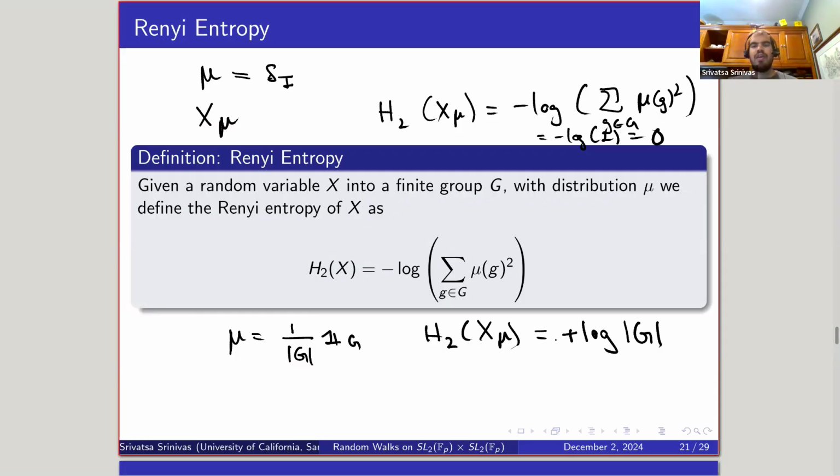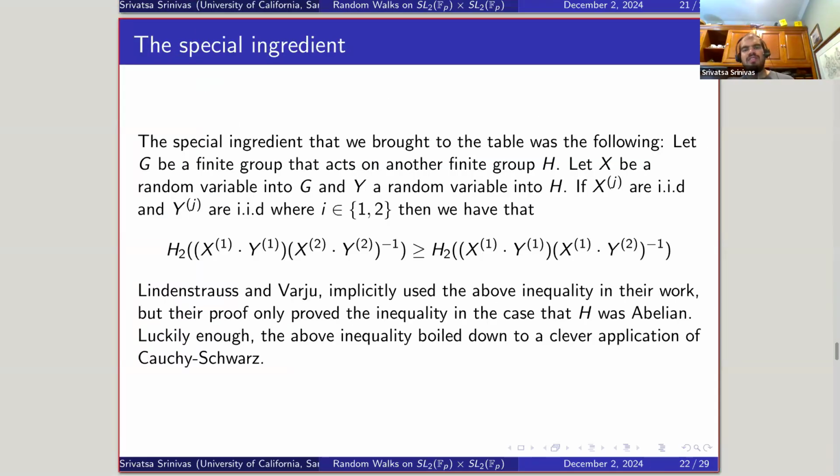Yes, okay. So here's the special ingredient. Basically, let G be a finite group that acts on another finite group H. Let X be a random variable into G and Y be a random variable into H. If X sub 1, X sub 2, Y sub 1, Y sub 2 are IID, then we have the following inequality. This is our new inequality.